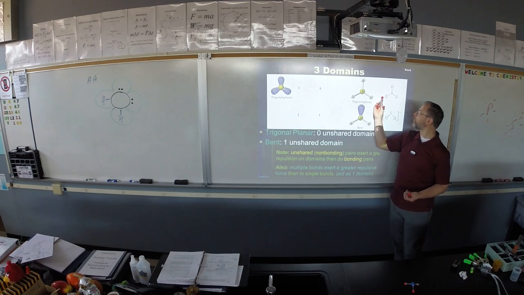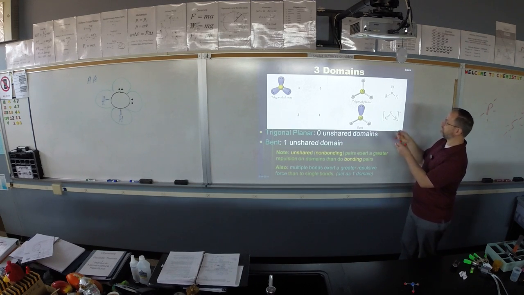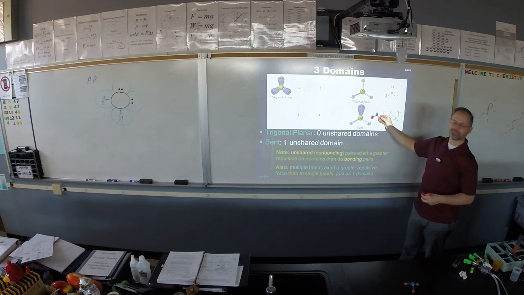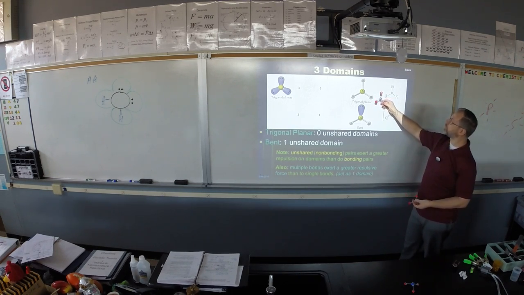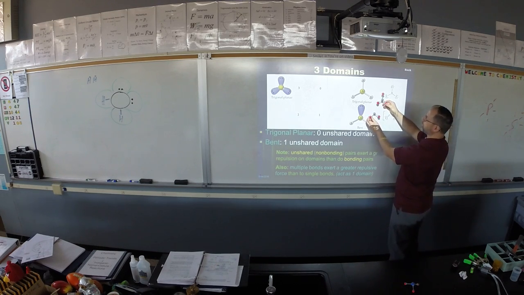However, if one of those domains was unshared, your geometry then becomes bent. So all 3 bonding, your molecular geometry is trigonal planar. One of them unshared, your molecular geometry is bent.